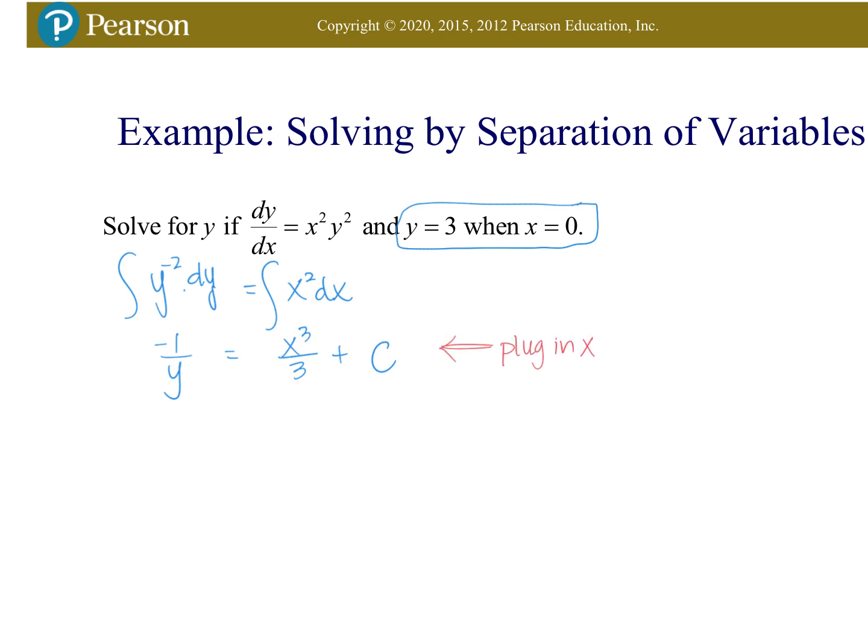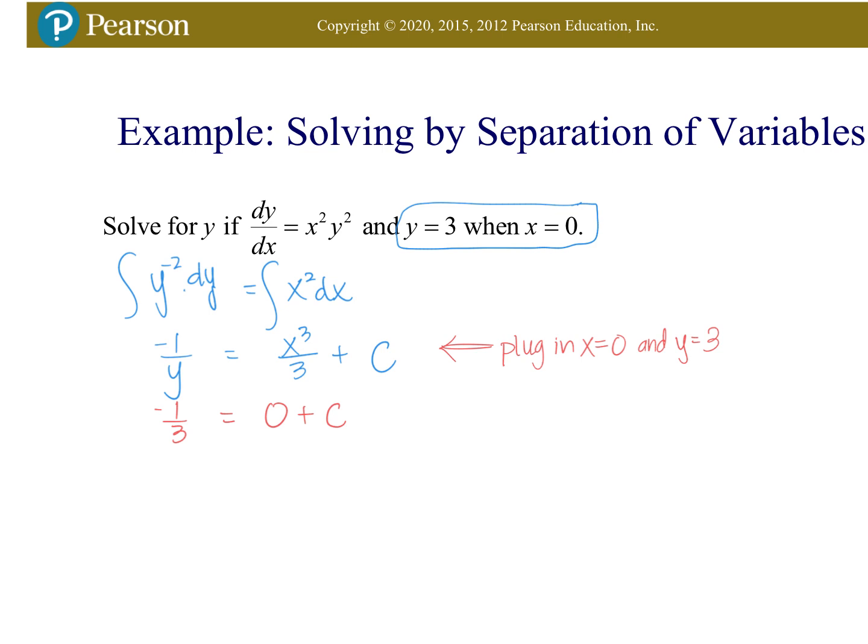So this is where we're going to plug in. We're going to plug in x is 0 and y is 3. So that'll give me negative 1/3 equals 0 plus c. So c is going to be negative 1/3.